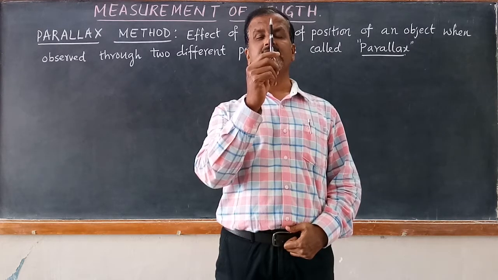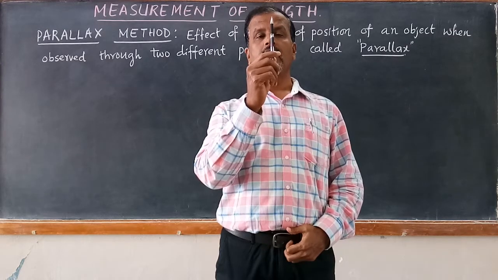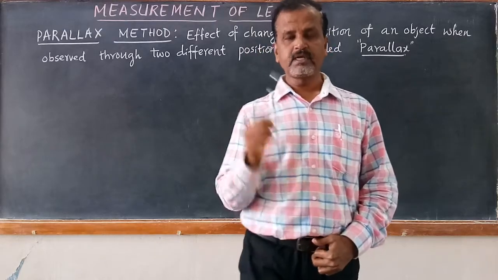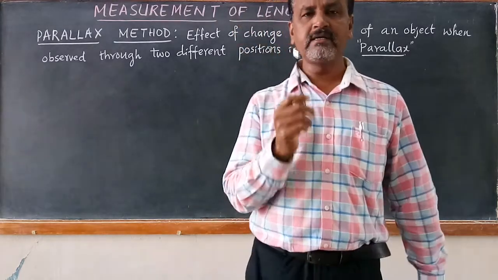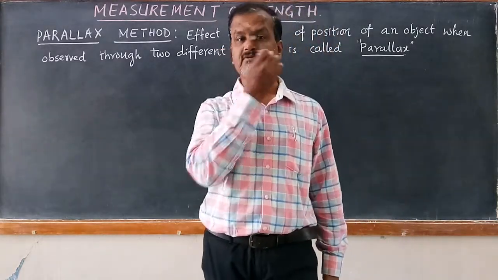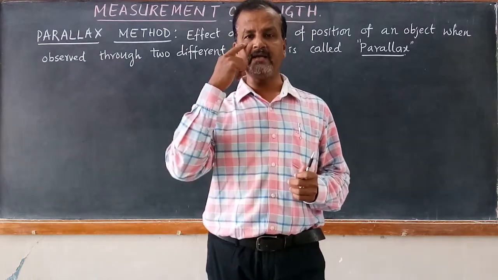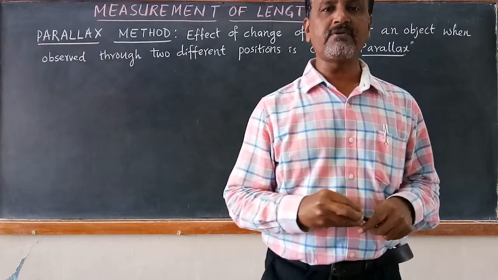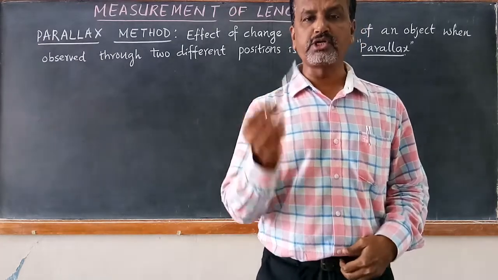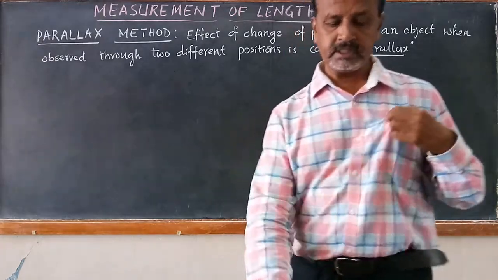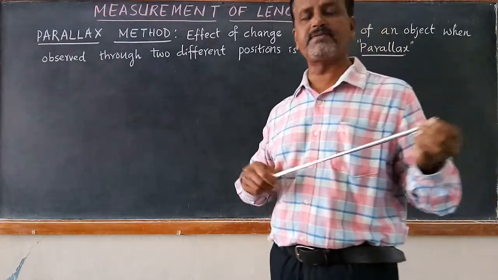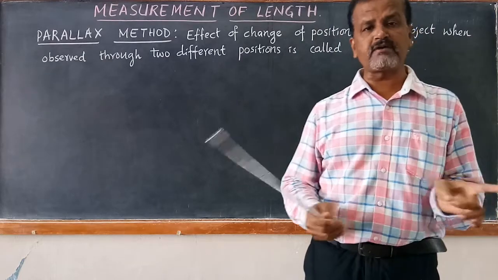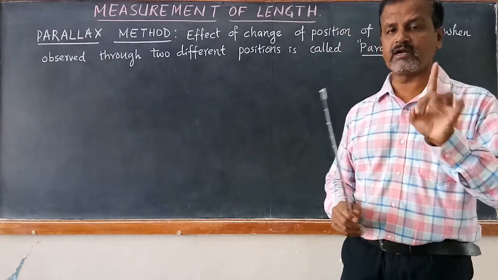This difference, x2 minus x1, is called parallax. The object is not actually shifting; we are shifting our points of observation, first with the right eye, then with the left eye.